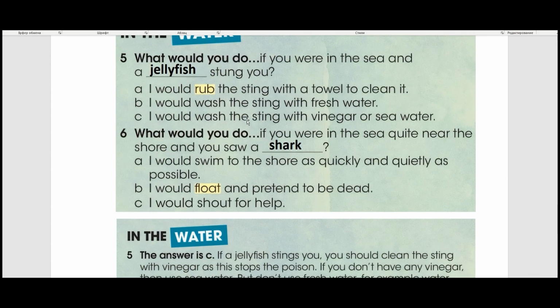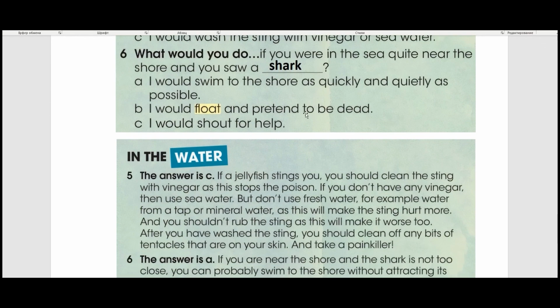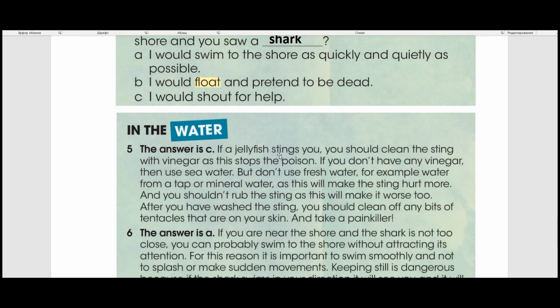Правильно, то есть протереть место, где ужалили, уксусом или морской водой. Если медуза ужалит вас, вам следует помыть или почистить это место уксусом, так как уксус останавливает яд.